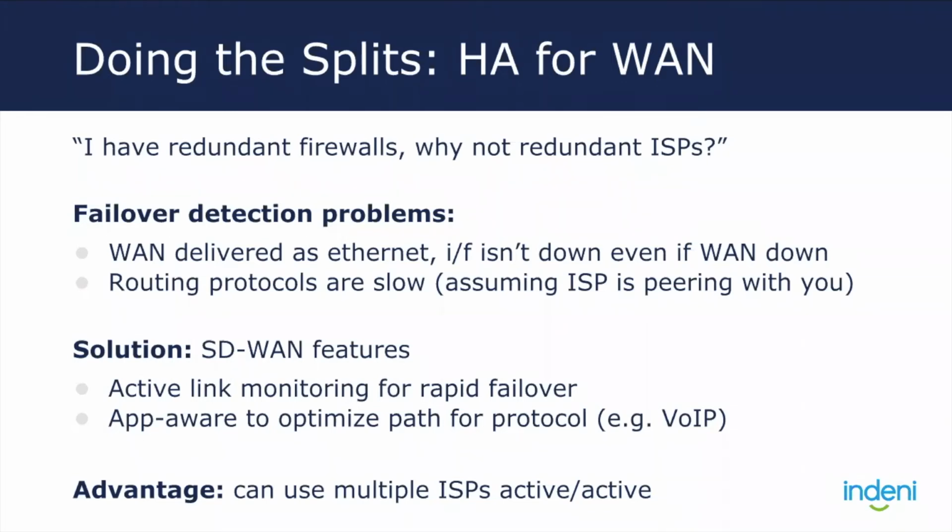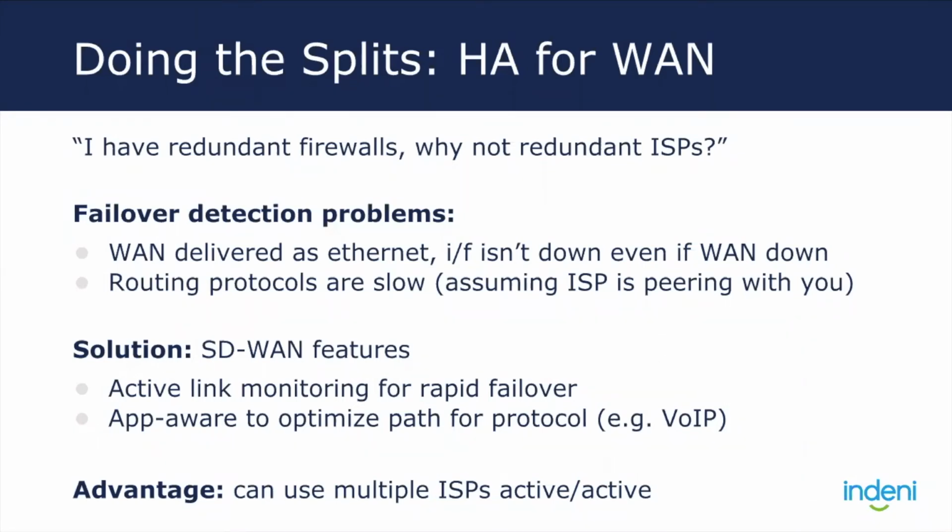These days, when we've got WAN links that come in, most of the time, the interface to the firewall is just straight up Ethernet. And that means that there's some active piece of equipment between the WAN and the firewall that is doing the conversion and bringing that port up. And if the WAN link goes down, that port is still going to go up. So the loss of link light is not sufficient to indicate that the WAN has gone down.